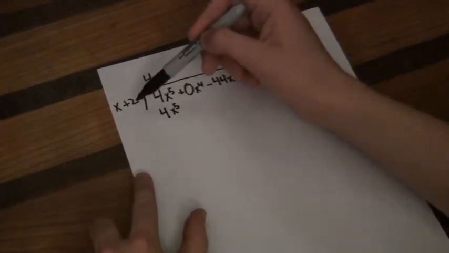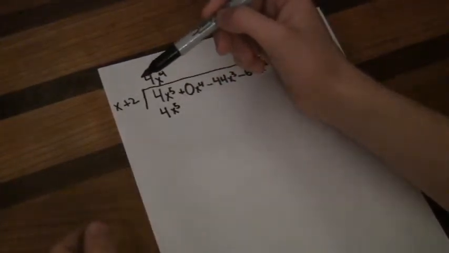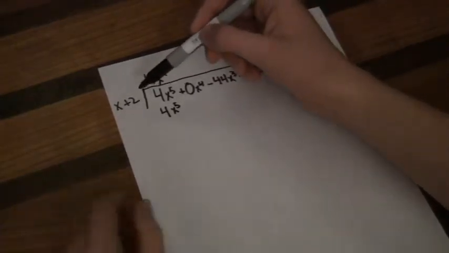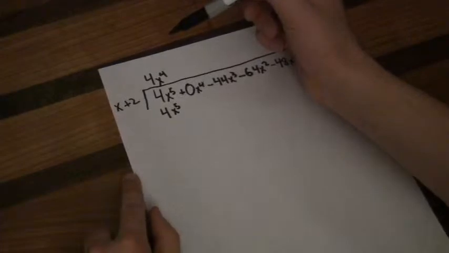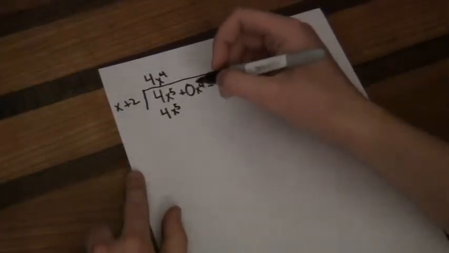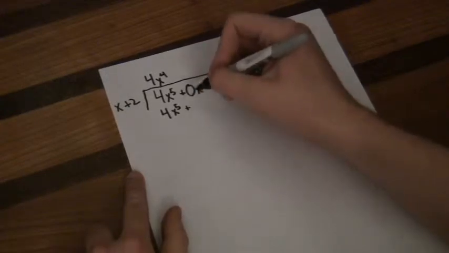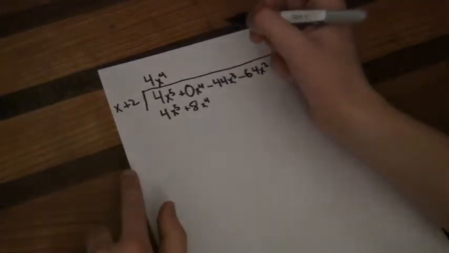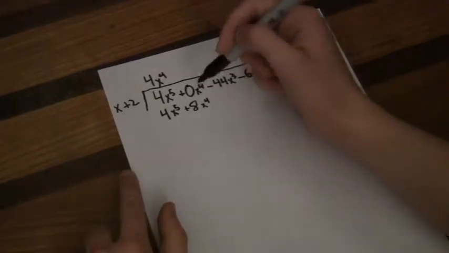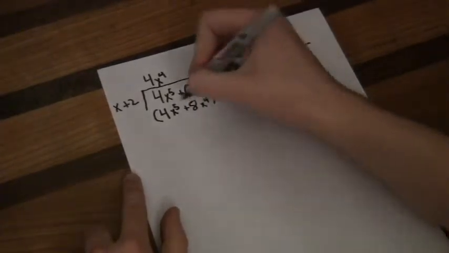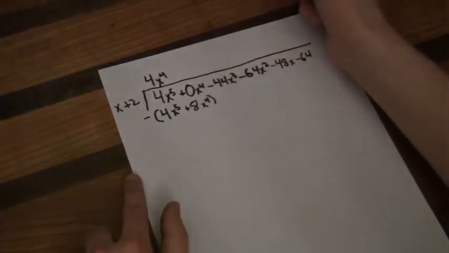So if you take this 2, and this is the other distribute, I guess you can say, we take that 2 and multiply it by the 4x to the 4th power, which gives us 8x to the 4th power. Now here's where things get kind of crazy, because you're going to put in a quantity, and you're actually subtracting this.